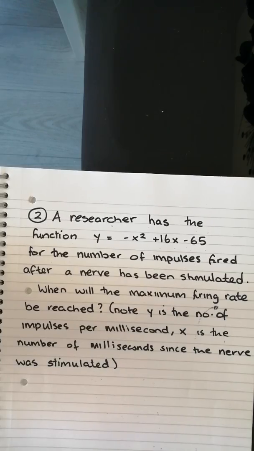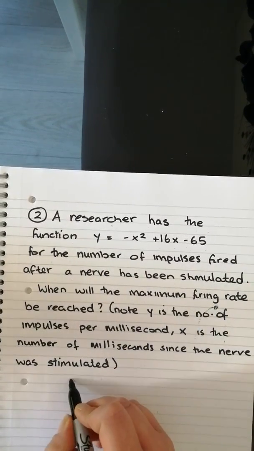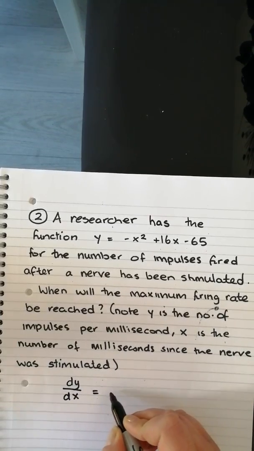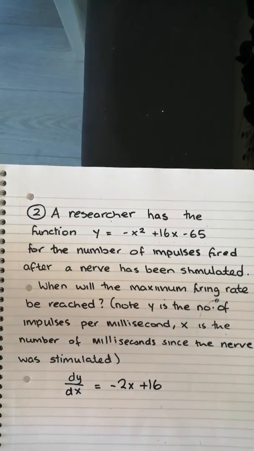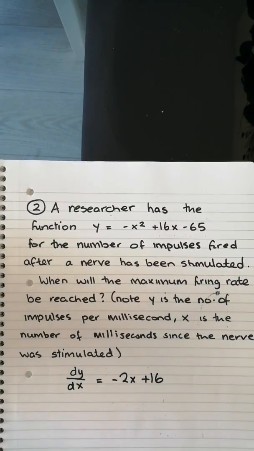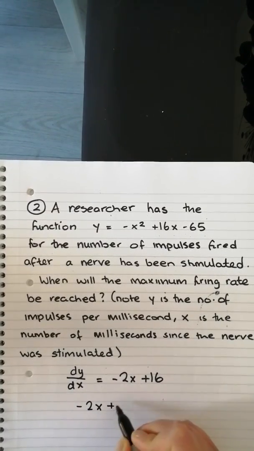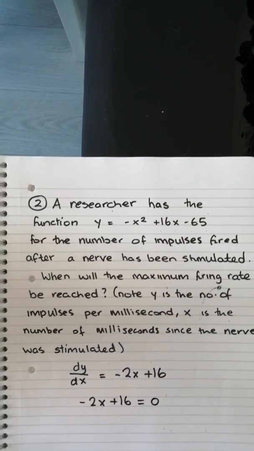So let's differentiate. It's written in terms of y, so dy/dx is minus 2x plus 16. Similarly to before, we'll set this equal to 0 and solve for x.